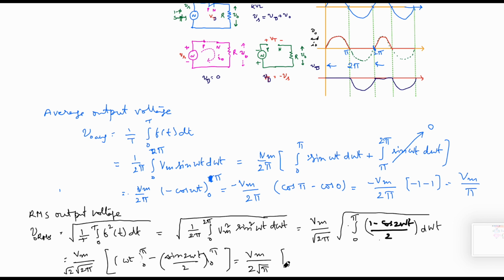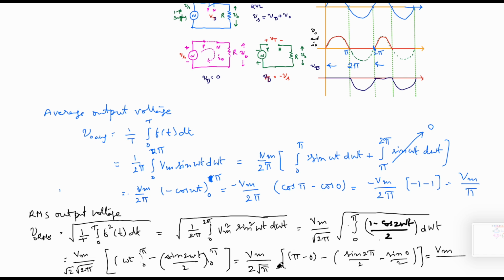Okay, please check up that one, and it is pi minus 0 minus sin 2 pi by 2, minus sin 0 by 2. So sin 0 by 2 is 0, sin 2 pi by 2 is also 0, and finally I am remaining with pi here.